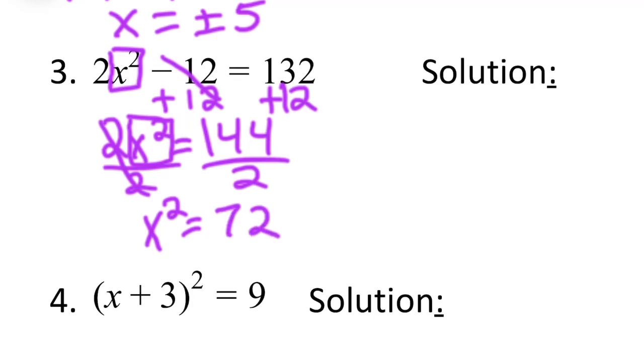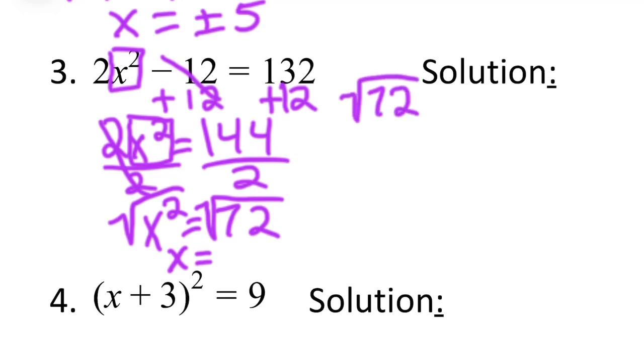Now that the x squared is by itself or on its own side with nothing else with it, we're going to square root it to get rid of the square. And now we're going to have to simplify the square root of 72. So what I have taught you is to do a factor tree of 72. Well, what times what gives us 72?